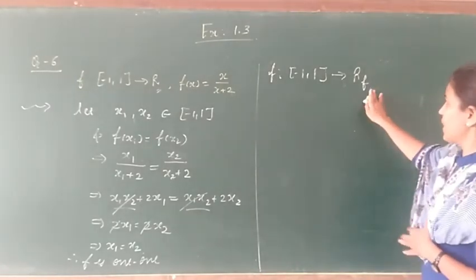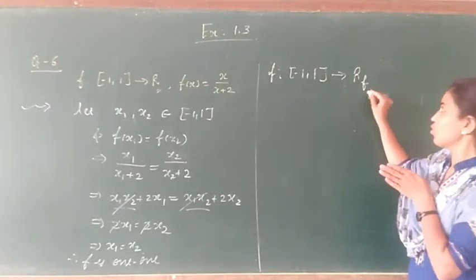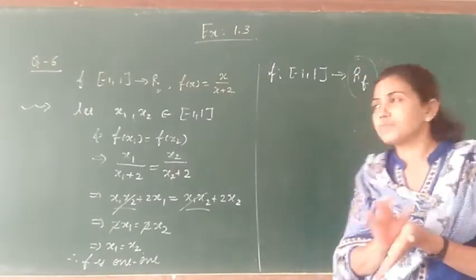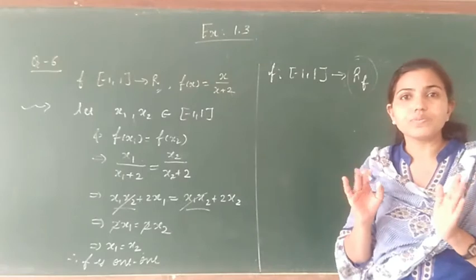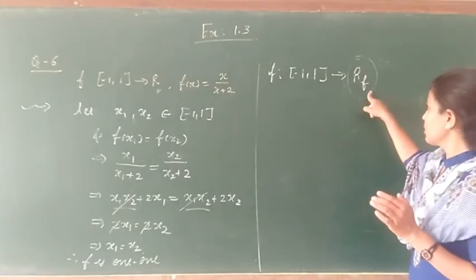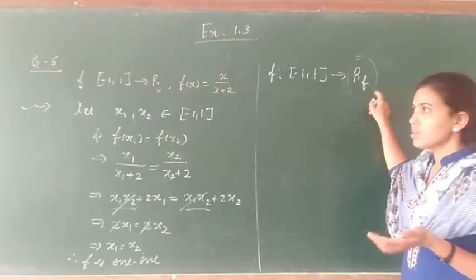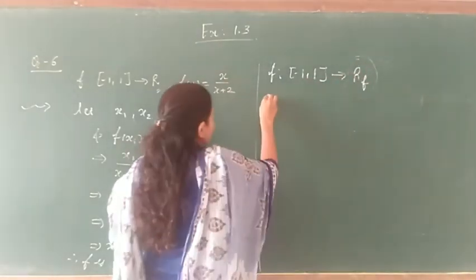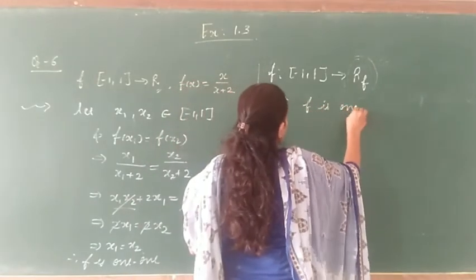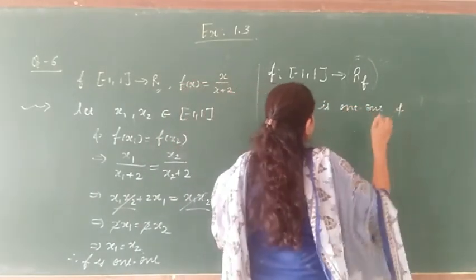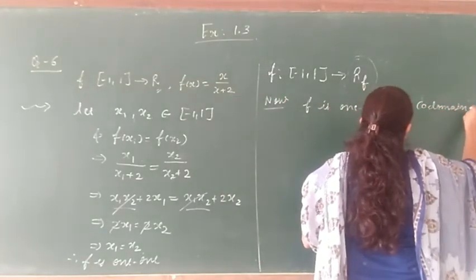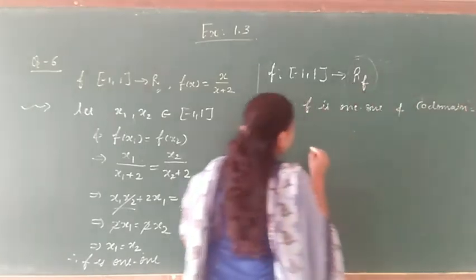Okay, and as we know कि अगर हमारा कोडोमेन जो है वो रेंज से अगर चेंज हो जाता है, that means the function is onto. So what is this here? That this function is changed, the codomain is now the range. So therefore we can say now we have f is 1-1 and codomain is equal to range of f.